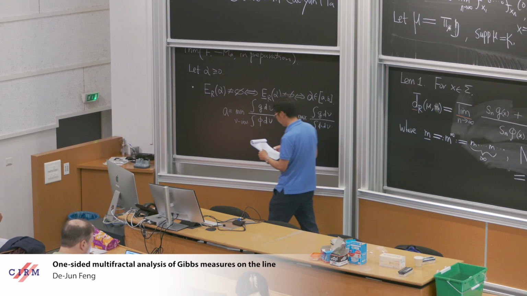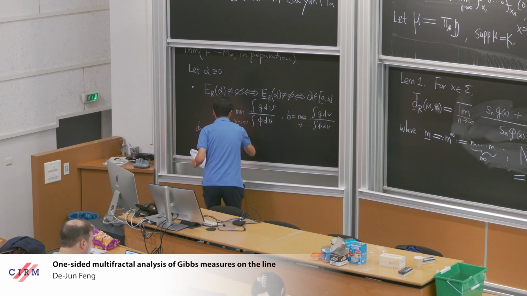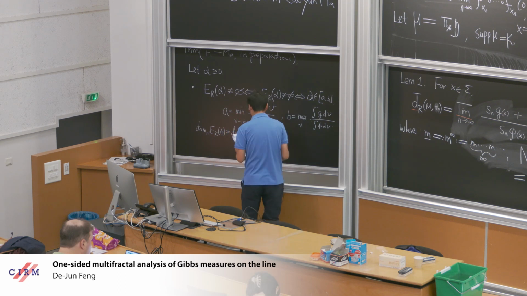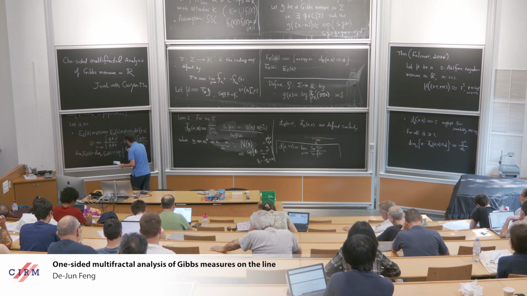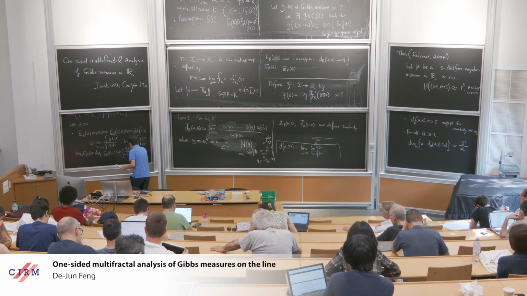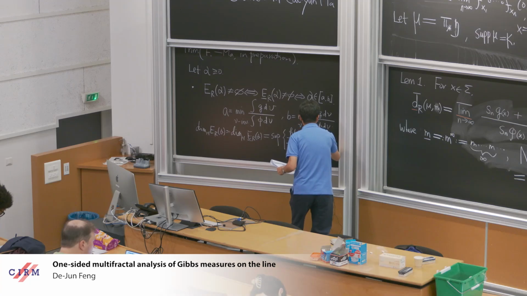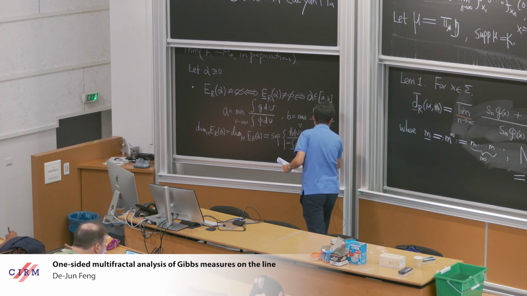Also this nu takes over all sigma invariant measures on the symbolic space, and the dimension is equal to the supremum of h nu over negative integration of phi d nu, where the ratio g d mu over phi d mu equal to alpha.